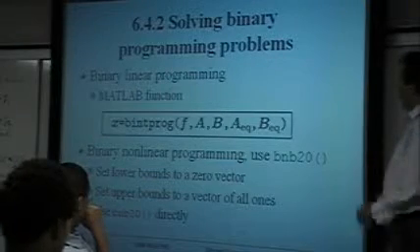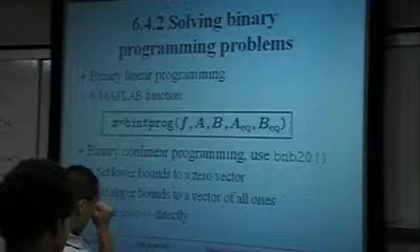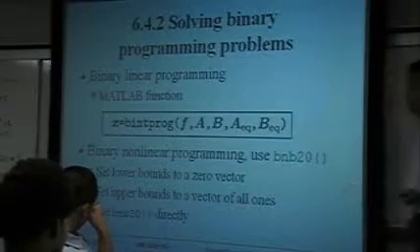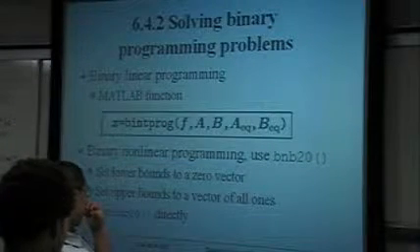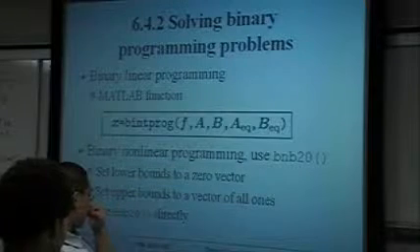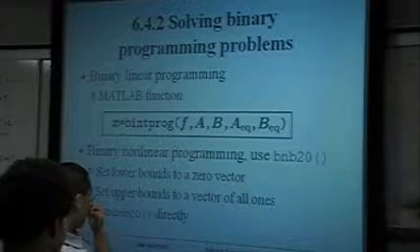How can we solve nonlinear programming problems? There isn't an existing function. So we can still use the BNB program, and remember that we have to define the lower bound m and the upper bound M in the BNB20 program.